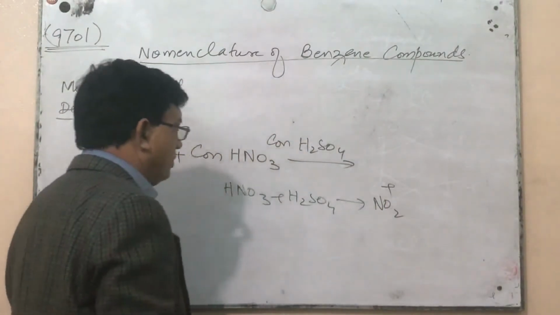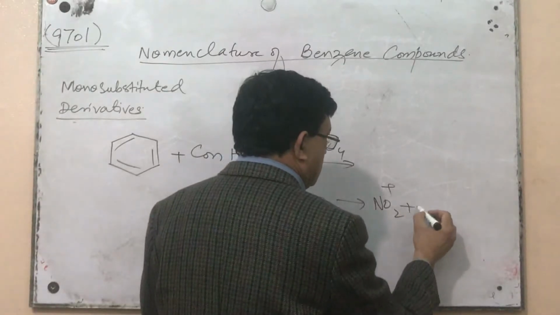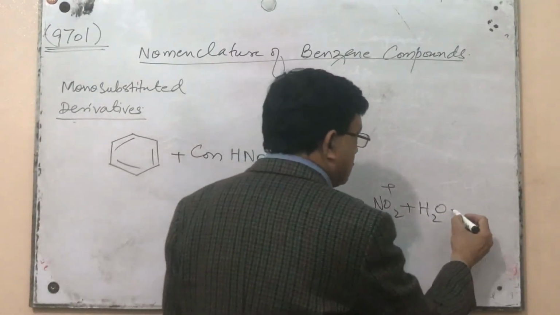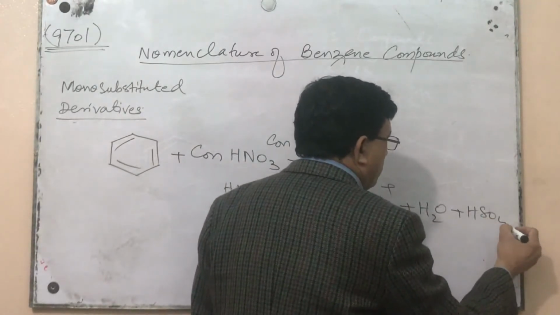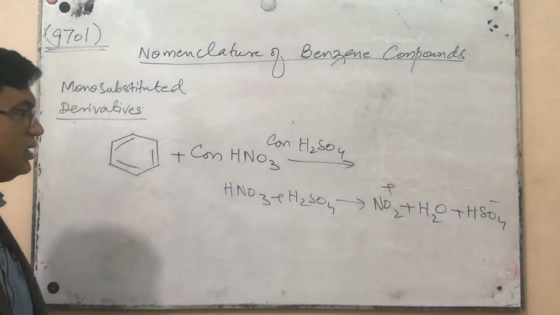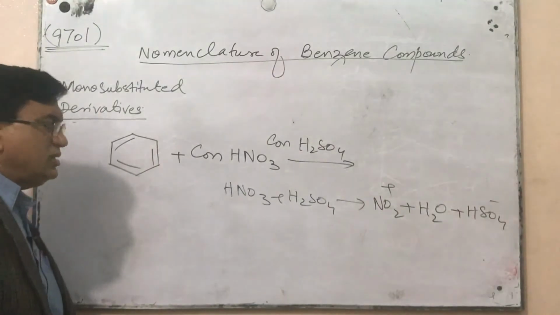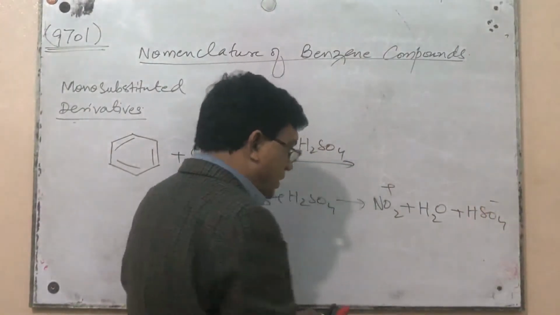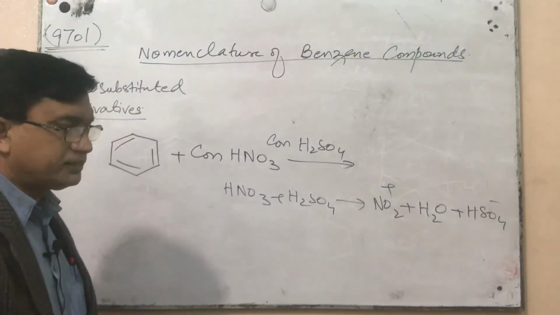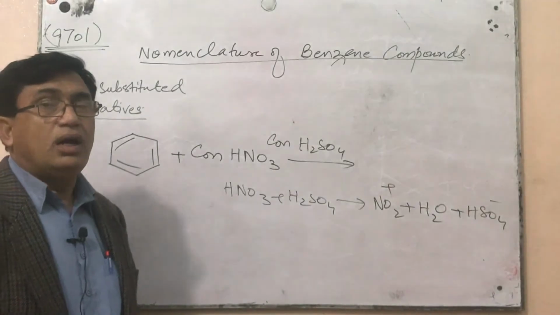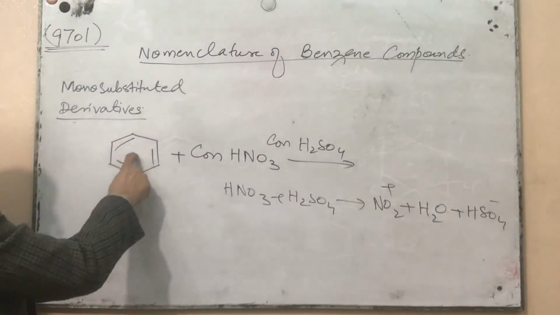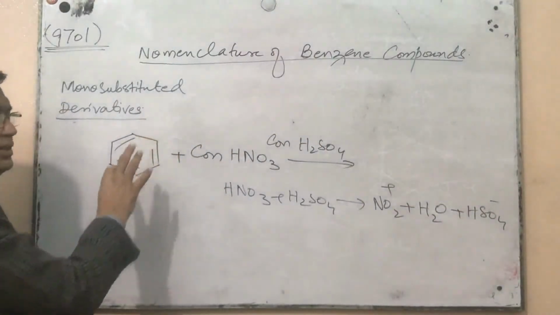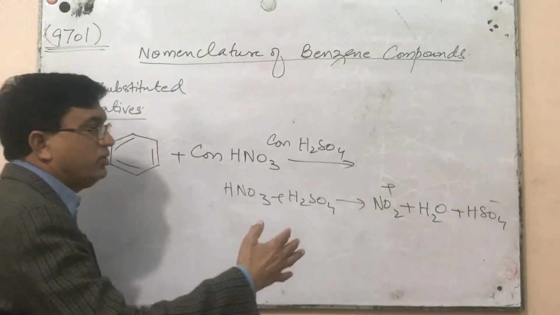NO2 positive plus H2O water plus HSO4 negative, hydrogen sulfate. These are produced, but as hydrogen sulfate contains a negative charge, it will not attract the pi electrons of the benzene due to similar charges.